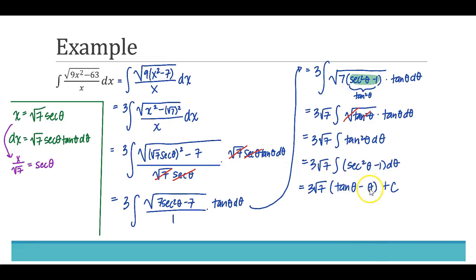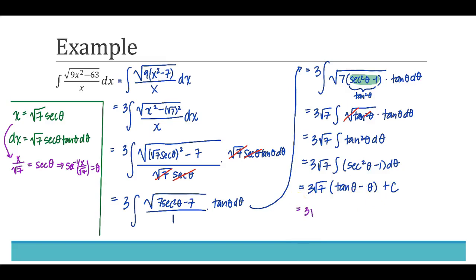So how do I get theta to turn into something involving x's? Well, here, in order to get this theta by itself, I'm going to do secant inverse of both sides. So essentially, we're going to end up getting that secant inverse of x over radical 7 is equal to theta, because secant of secant inverse is going to cancel out. So I can replace this theta with secant inverse.